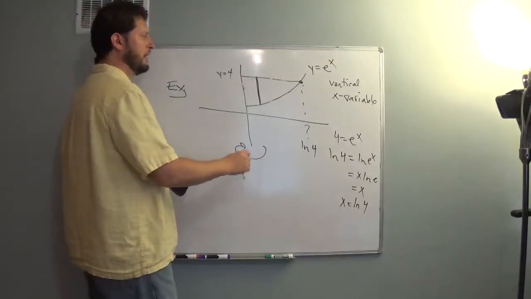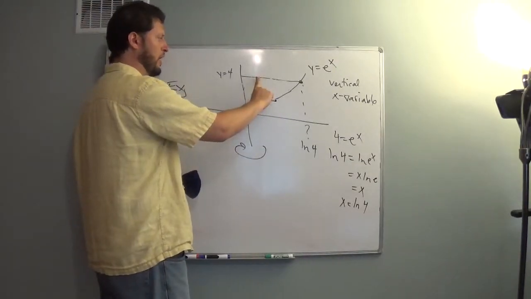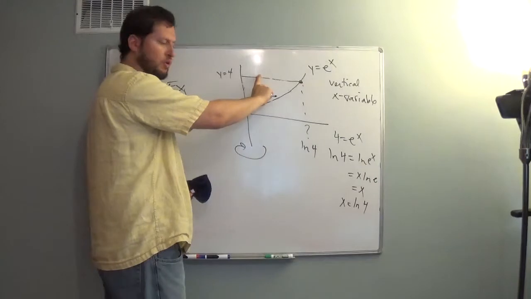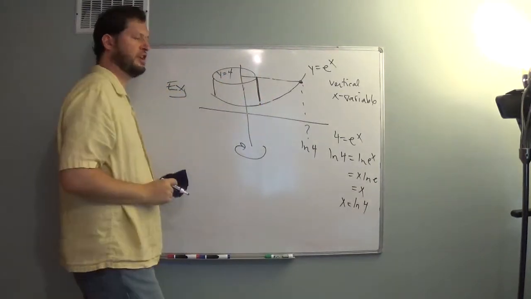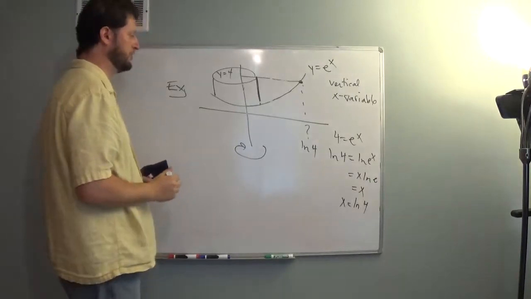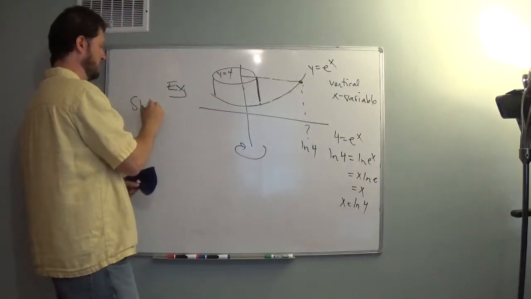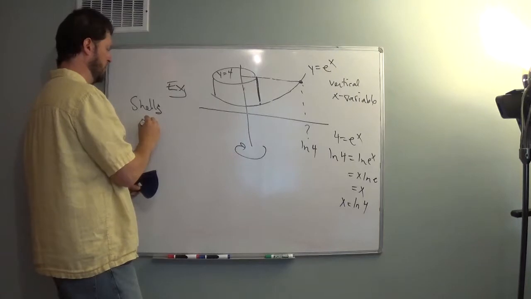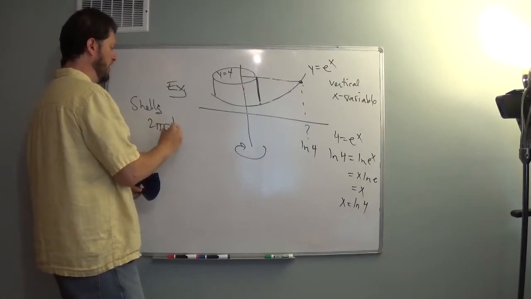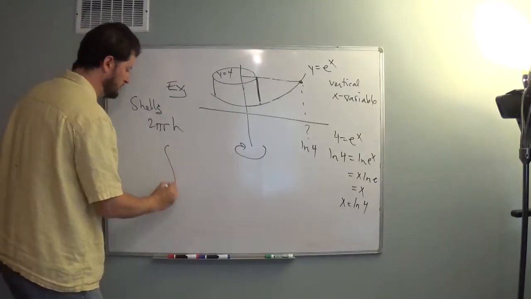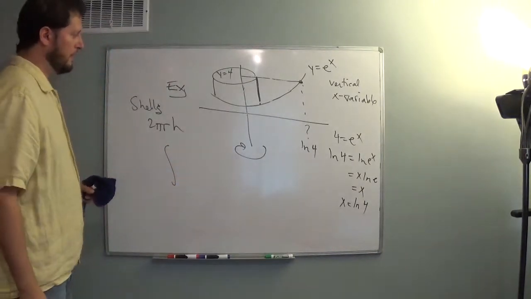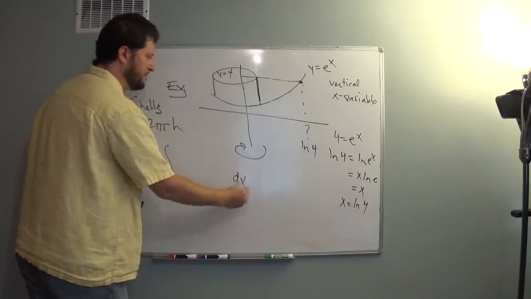What happens when I rotate this around the y-axis? If I take a vertical segment and rotate it around the y-axis, then I end up getting a cylinder shape, which means that we're using shells. So we're looking at 2 pi r h as our formula. X is the variable.